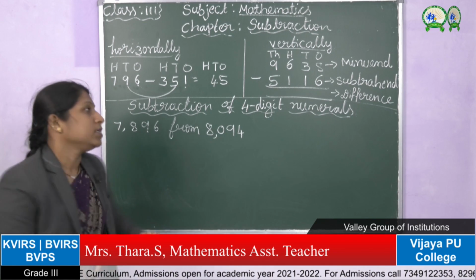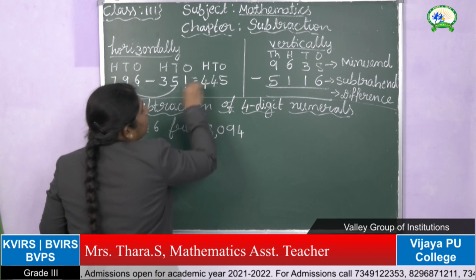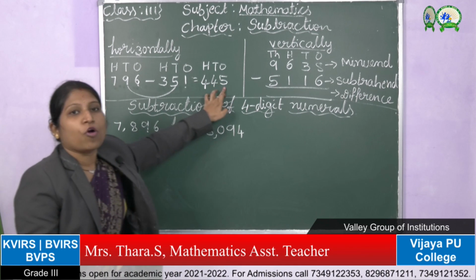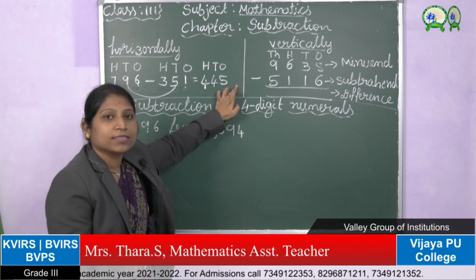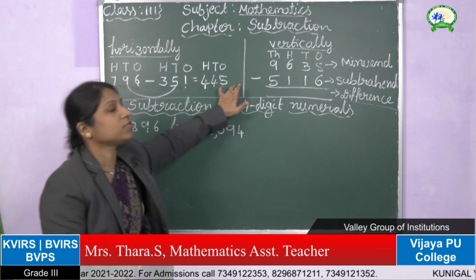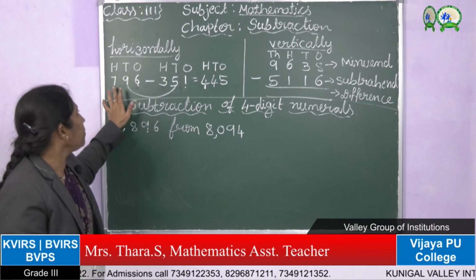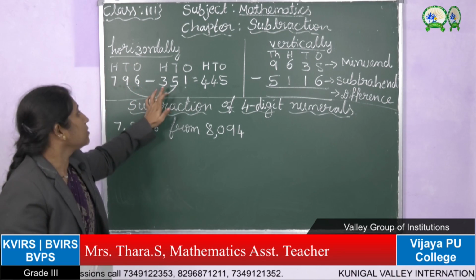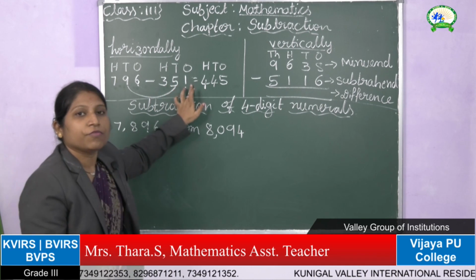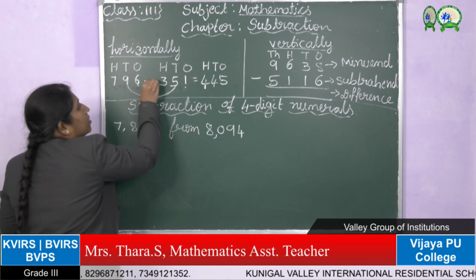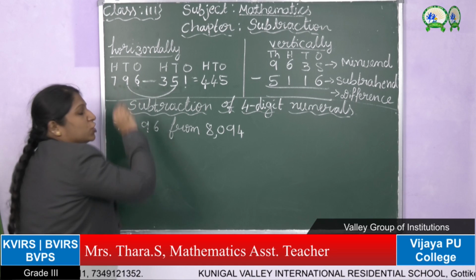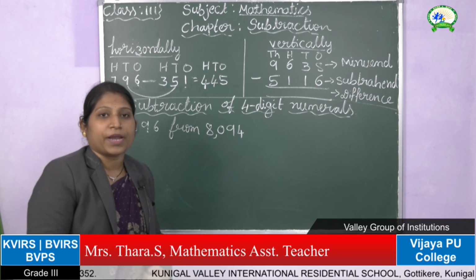What will you get? Yes, 4. So 444 we are getting as the difference when you subtract 351 from 796, and you can see here this is the symbol of subtraction.